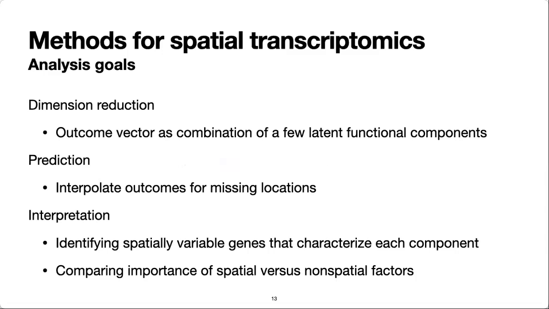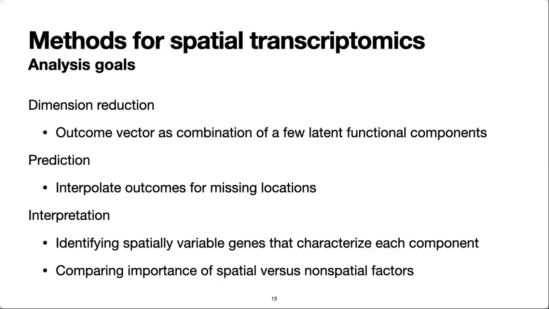So we want to represent our outcome vector as a linear, non-negative combination of a smaller number of interpretable functional components, which I sometimes refer to as canonical surfaces or principal surfaces. I'll show you some visualizations of those momentarily.